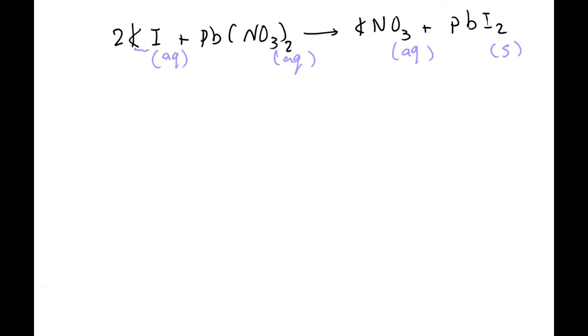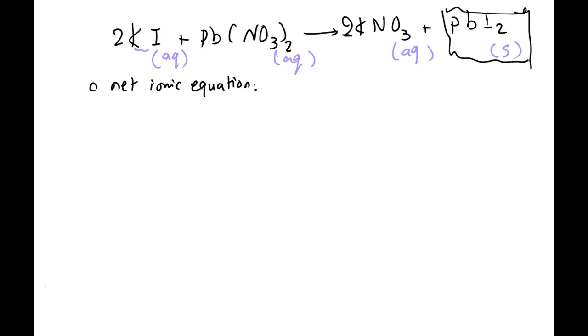To balance the equation, I'll put here 2 to balance I, and nitrate, it's here 2, so I put here 2. Okay, now the equation is fully balanced. Sometimes you are asked to write a net ionic equation. Net ionic equation, very simply, write if a solid is formed, so write the ion that forms that salt.